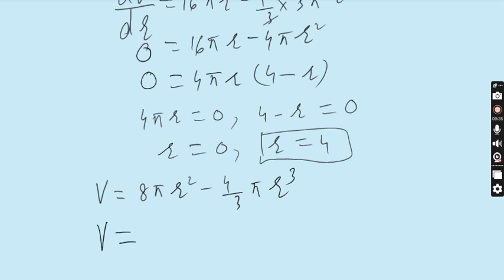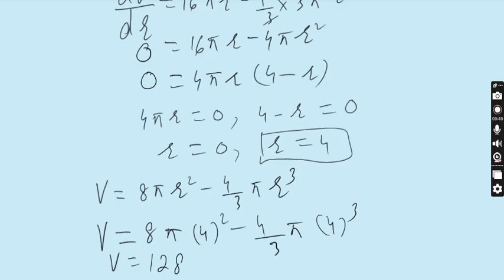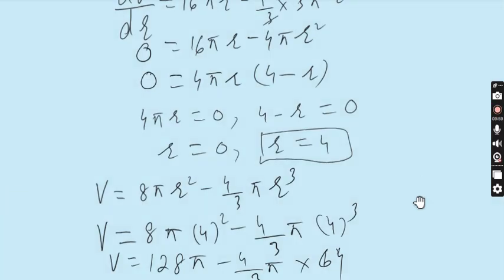We have to put the value r = 4 in the question. 8π times 4 squared, minus 4 upon 3 π times 4 cubed. 4 squared is 16, 16 times 8 is 128π, minus 4 upon 3 π, 4 cubed is 64.